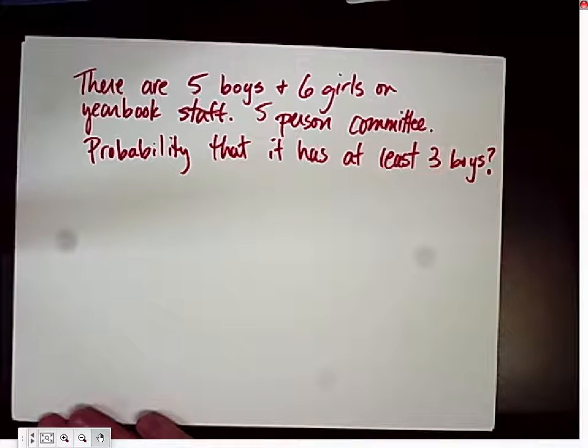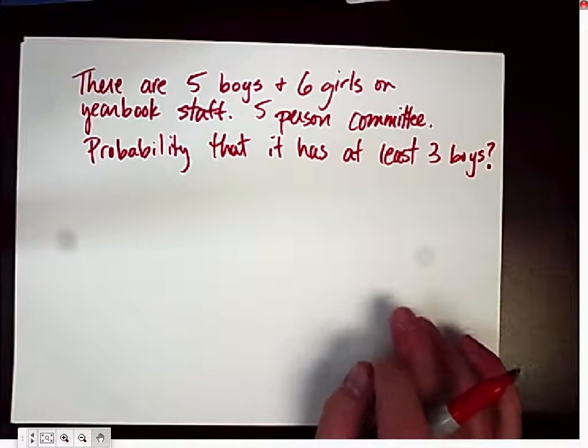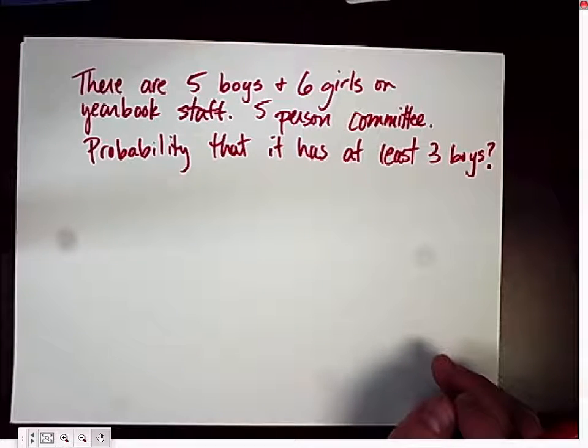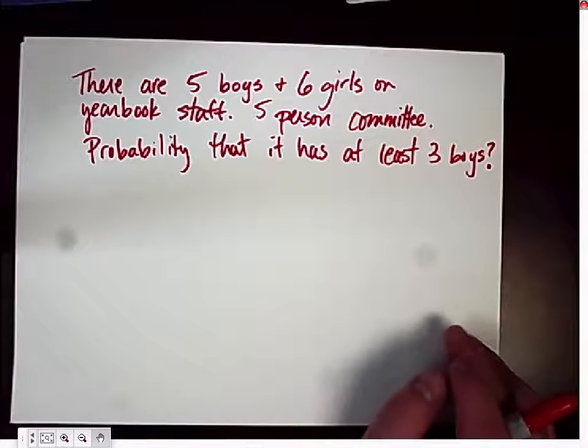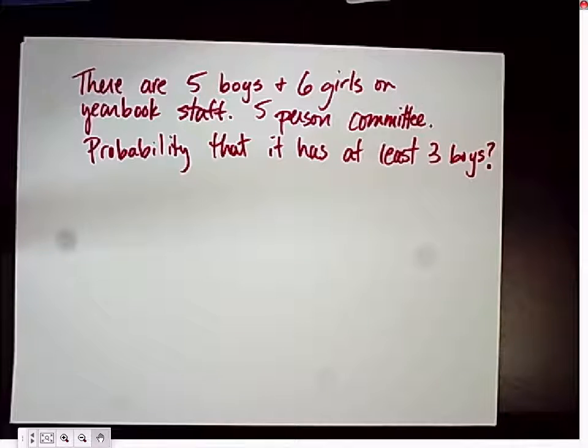First thing you need to do is to make that a statement that uses the word and or. So that's another way of saying the committee has at least 3 boys. Using the word and or. 3 or more. Okay. What's the more? 3 or 5. Or 4.